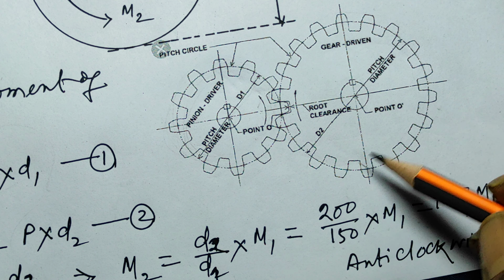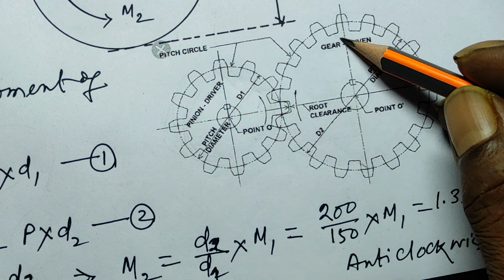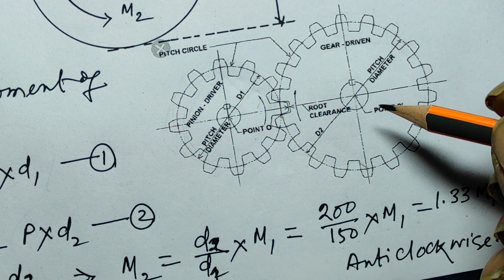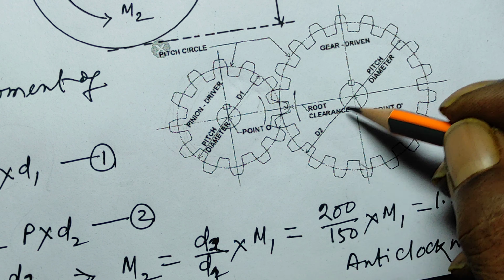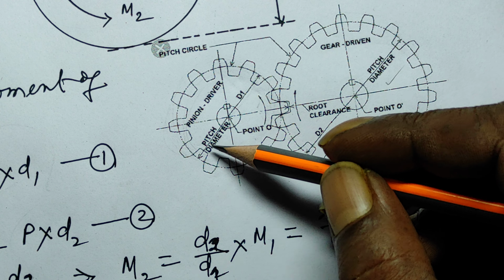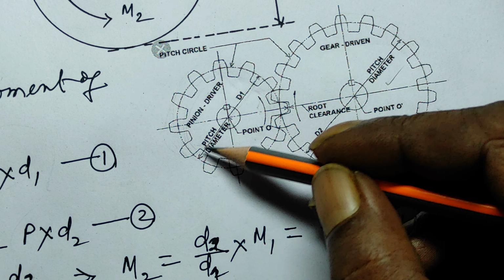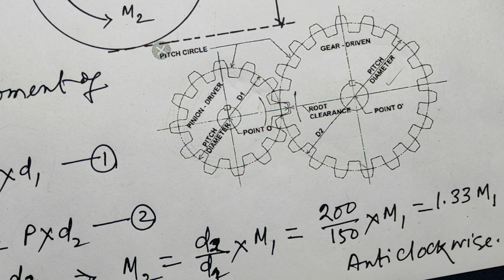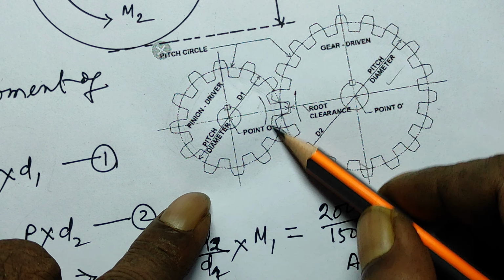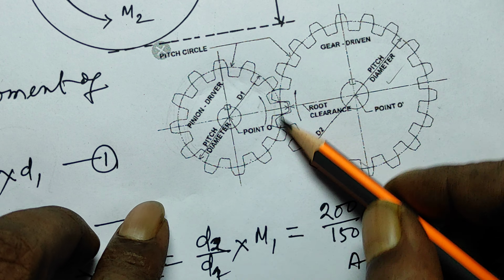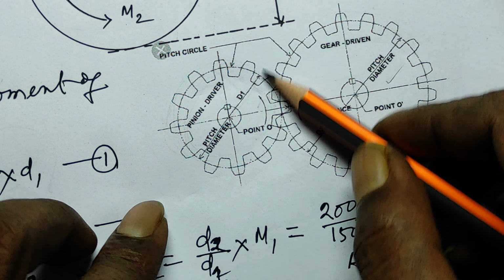Look at this. This is one gear. There is the axle here. This is another gear here. The pitch diameter from this point to this point is the pitch diameter for this gear, and the pitch diameter for the other gear is from this end to this end. Now the question is, if you try to rotate this gear clockwise, the other gear will rotate anti-clockwise.